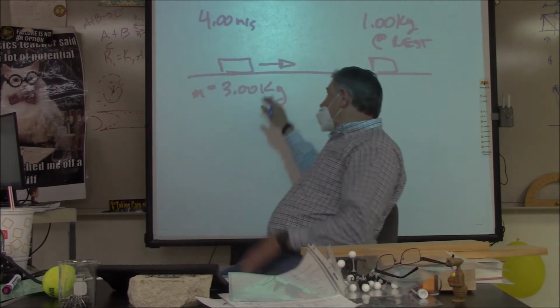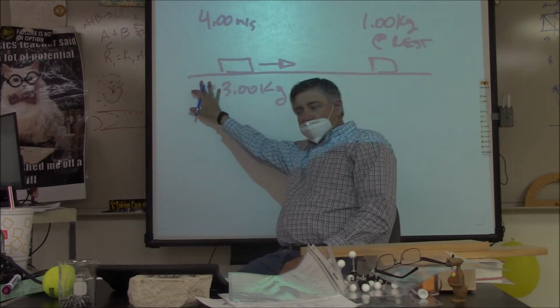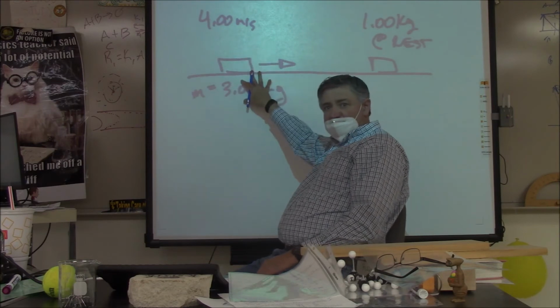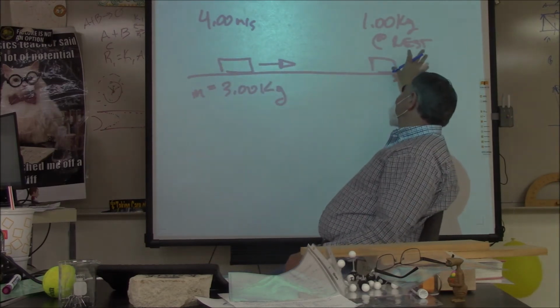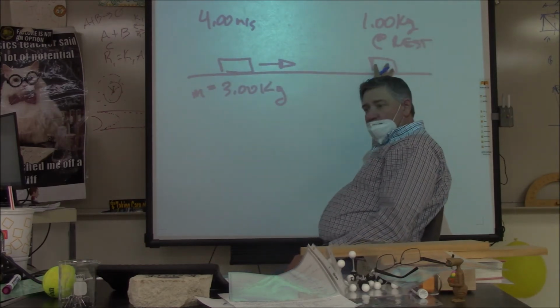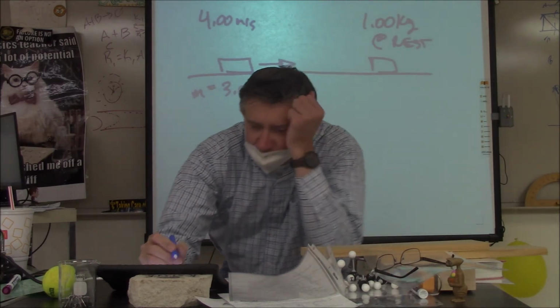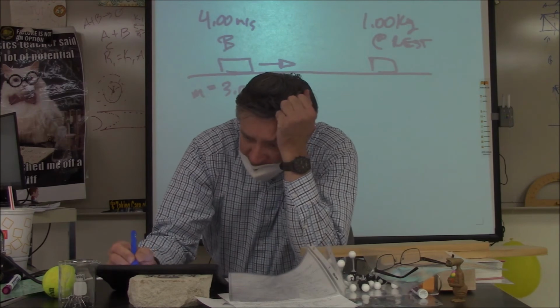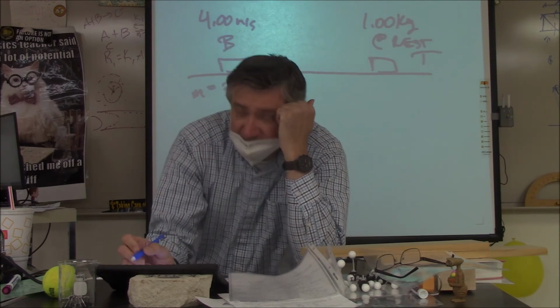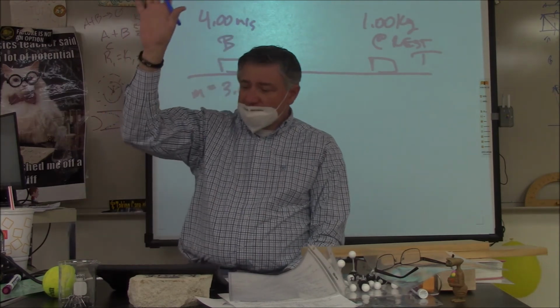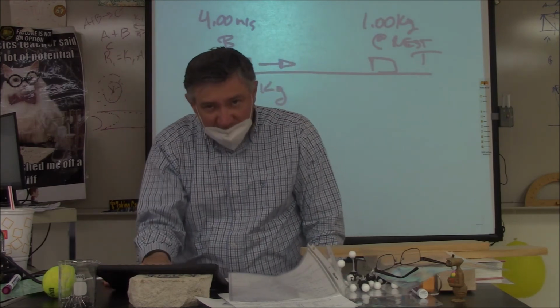I've got a big bullet moving at 4 meters per second, and it's going to collide with a 1 kilogram target that's at rest. So this is my bullet, and this is my target. So this is going to move in. I'm going to tell you it's a perfectly elastic collision.